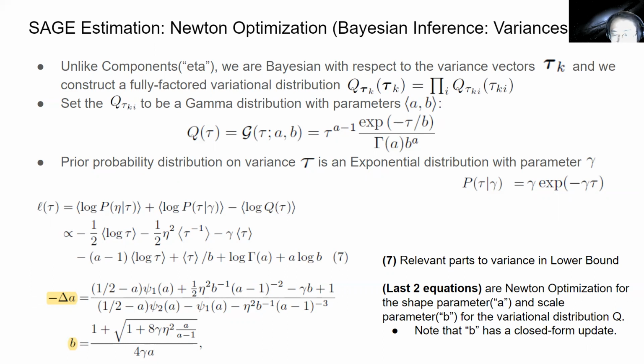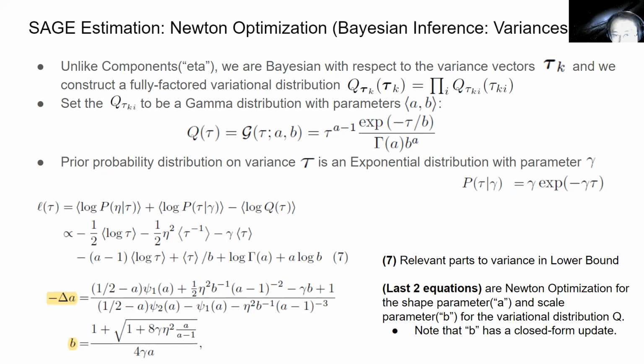So now we want to optimize this part, right? Again, the derivation is very dirty, but the point to take from here is that these last two equations are about the Newton optimization for each parameter of the gamma distribution.